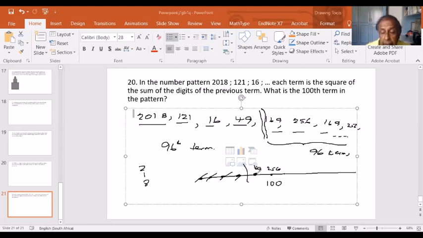But you'll see here that the odd terms are 169. First term is 169, second term is 256, and so on. So the even terms are 256. This is an even number, so your 100th term, that's the 96th term from this part, is 256. That is the answer to the 20th and the last problem.